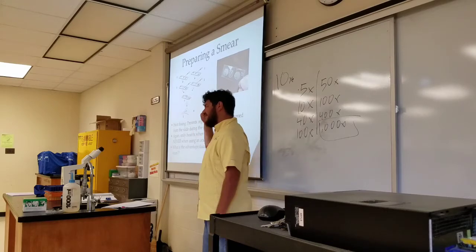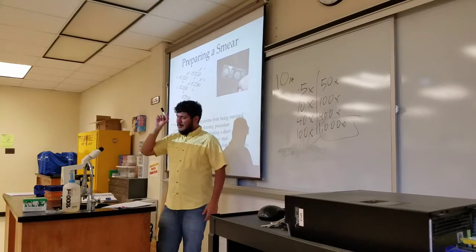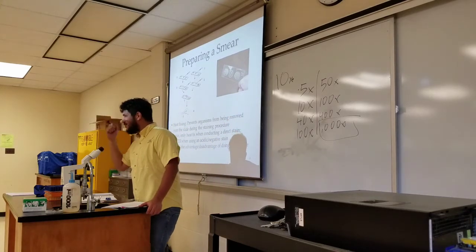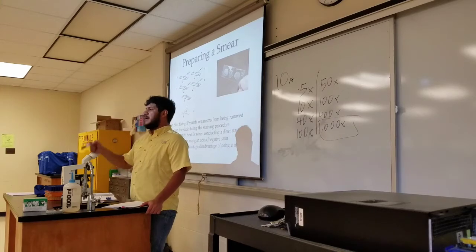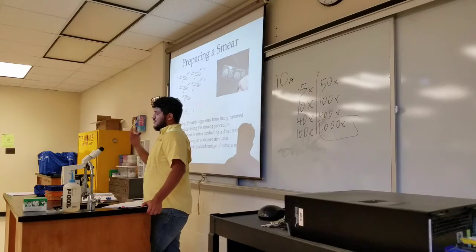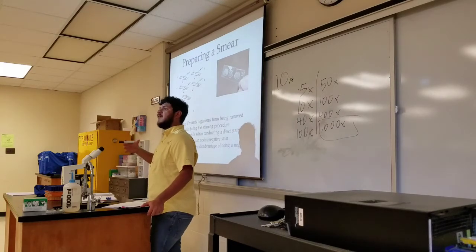When we do heat fixing, there could be some modifications to the original morphology of the bacteria. So if we want to be sure that we're looking at the true morphology, that's when we use negative stain, to avoid changes that heat fixing may cause to the external morphology of the bacteria.